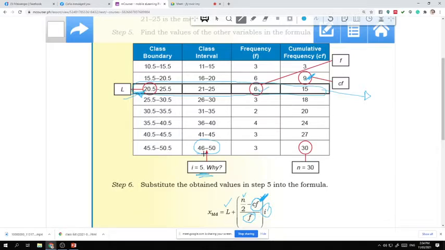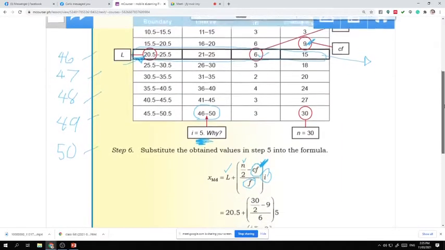How many numbers are there from 46 to 50? 46, 47, 48, 49, 50. There are 1, 2, 3, 4, 5 numbers. So meaning the class size is 5. Is that clear, Section Galileo?